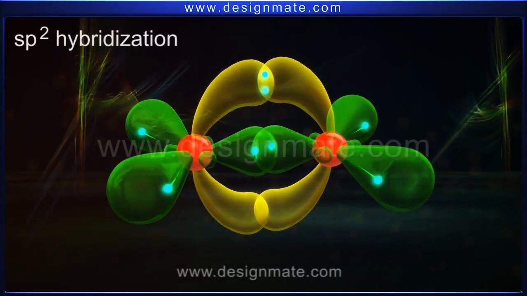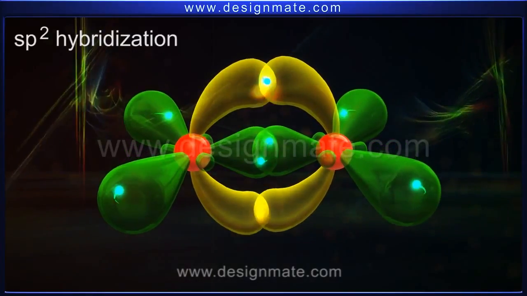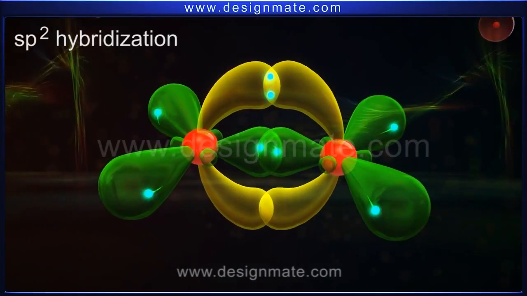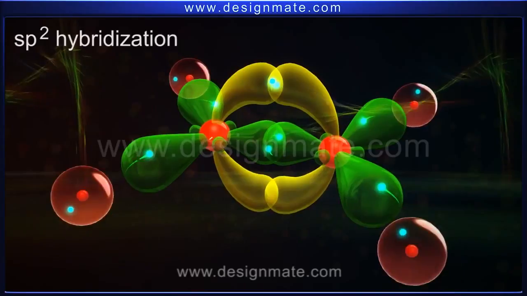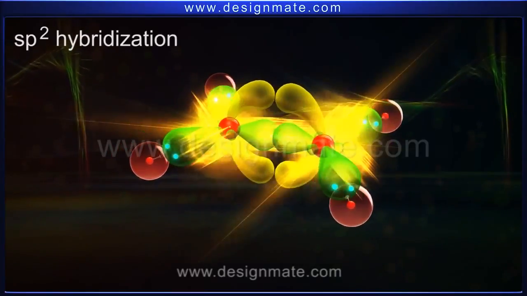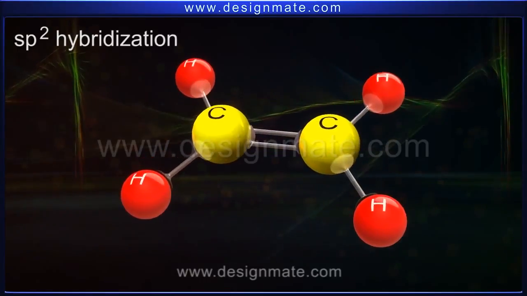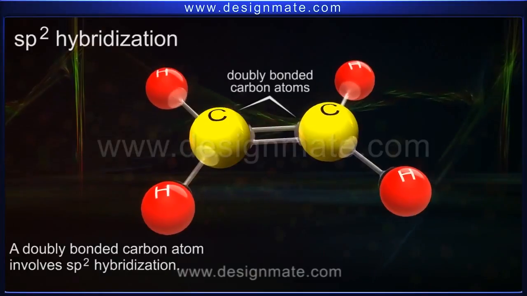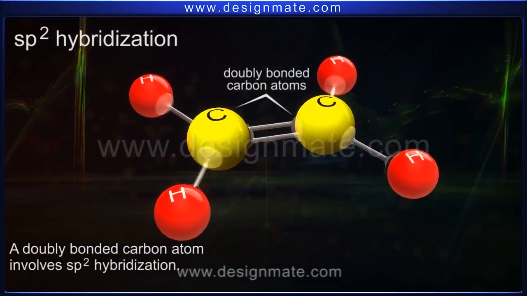Thus, there exists 1 sigma and 1 pi bond between the 2 carbon atoms. The other 2 valencies of each of the carbon atoms are satisfied by 4 1s orbitals of hydrogen, hence forming an ethene molecule. Thus, a doubly bonded carbon atom involves sp2 hybridization.